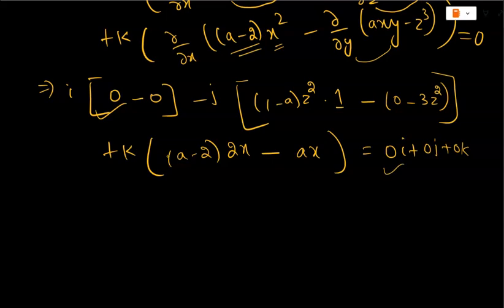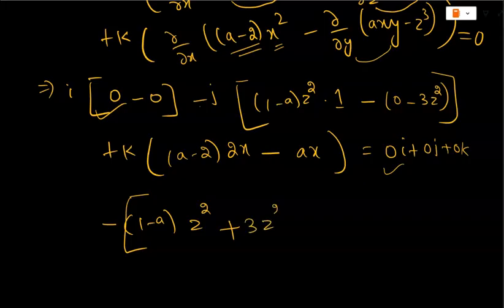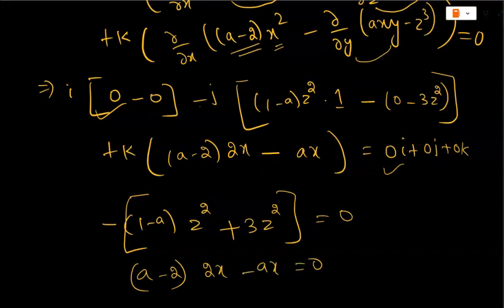The j term has a negative outside, so minus of 1 minus a z square, the second term will become plus, and one more minus is outside, 3z square is equal to 0. Again, the second term is a minus 2 into 2x minus ax is equal to 0.